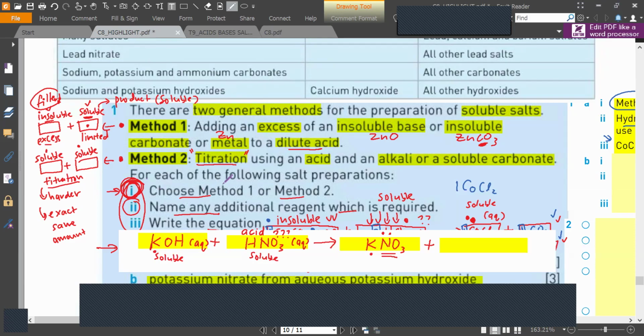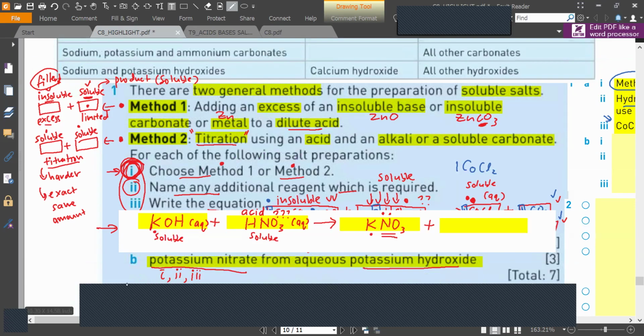Question i: do we choose method one or method two? What do you think? Should we choose method one or method two for this reaction to produce potassium nitrate salt?